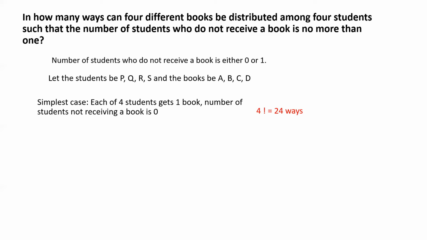In many of the simplest permutation problems, that's where you get your answer, so your problem is solved right here. But not in this problem, because we also have to consider the case where there may be 1 student out of those 4 who does not receive any book in the distribution.